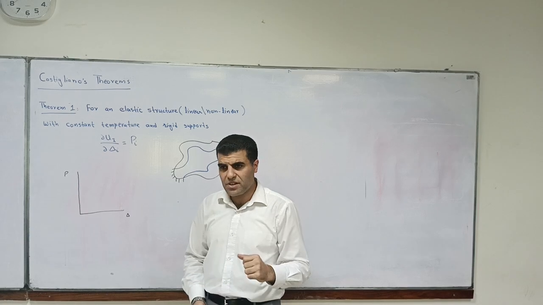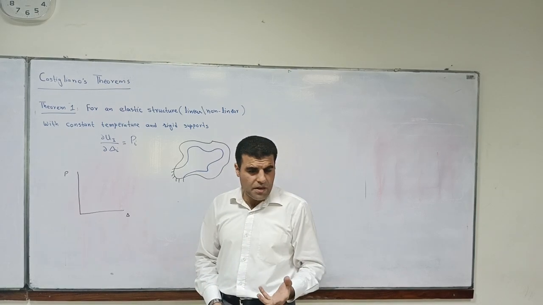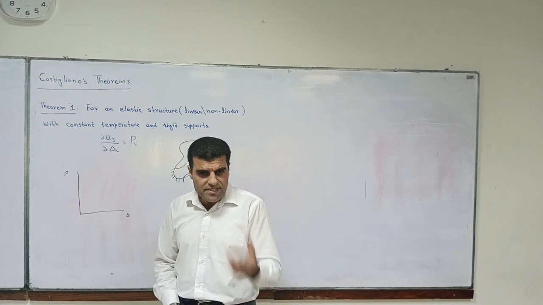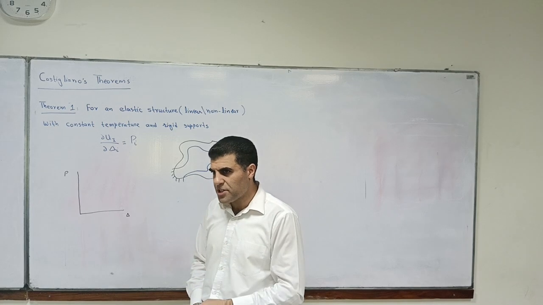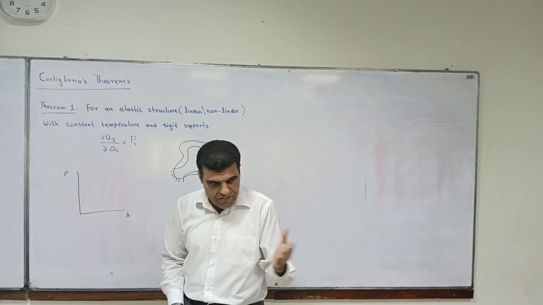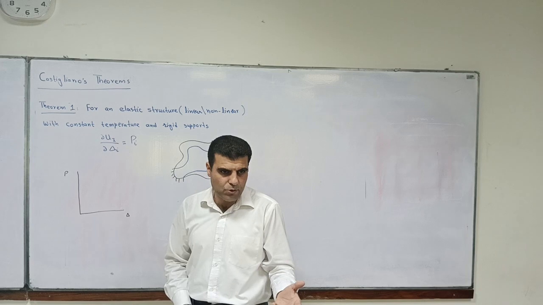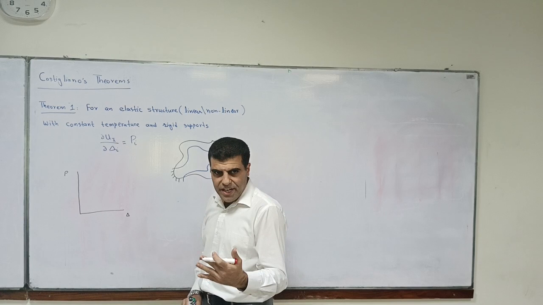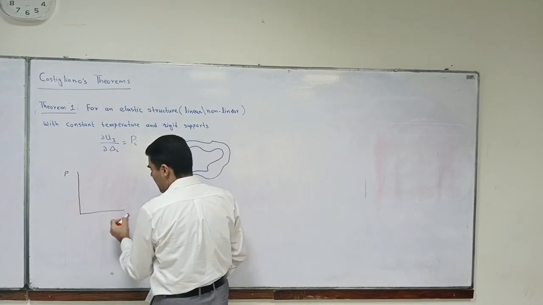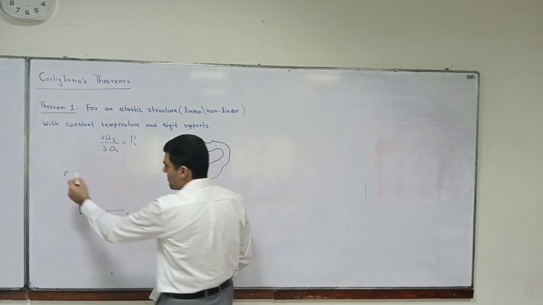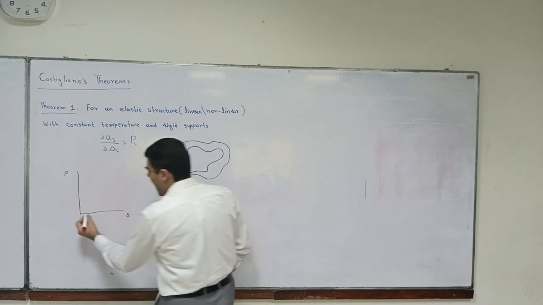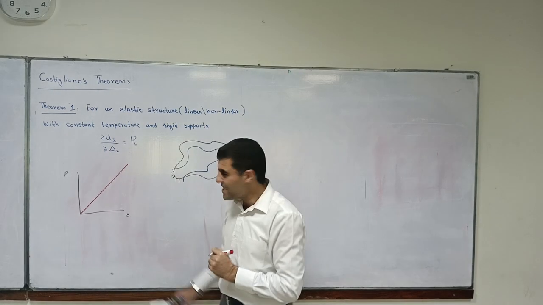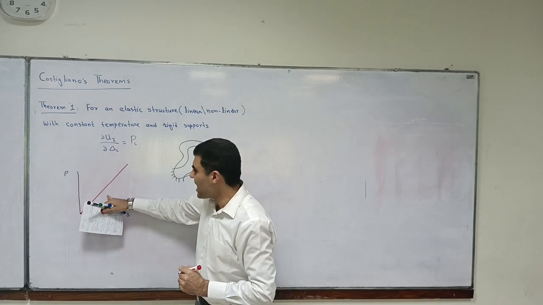If you are testing cubes or a cylinder in a universal testing machine, that is also a simple structure, a stub, and you get a stress strain curve out of that. If you draw the stress strain curve or the load and deflection curve, this can be a load and extension curve, and it comes out to be straight. That is a linear elastic structure.